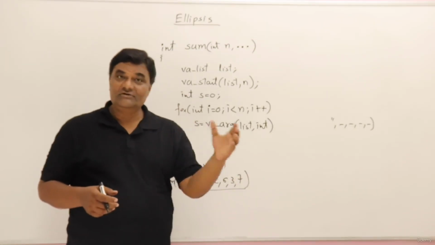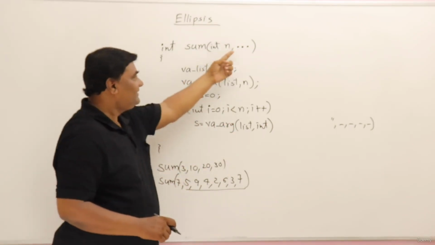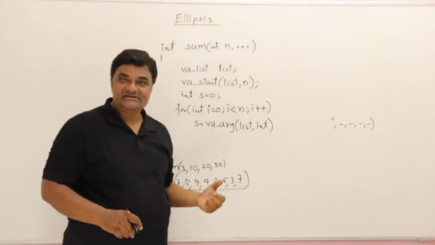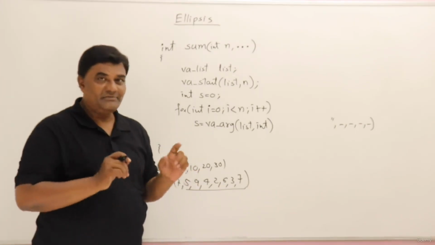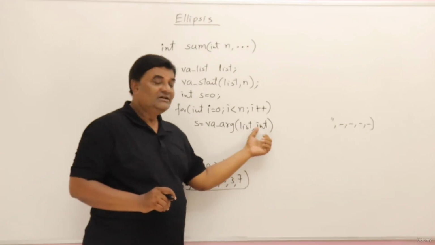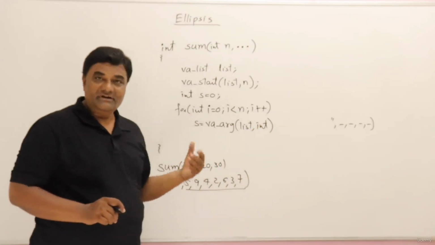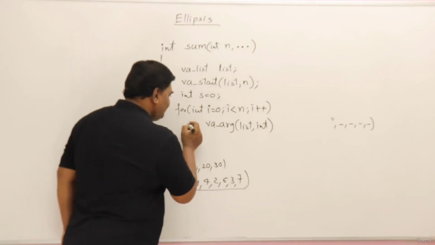When you are retrieving an element, va_arg will go on getting the arguments from this ellipsis one by one, and every time I should mention the data type of that argument. As I know that all these are integers, I have written int. So this will get all the arguments one by one, and each argument is of type integer, and I am adding them into sum.